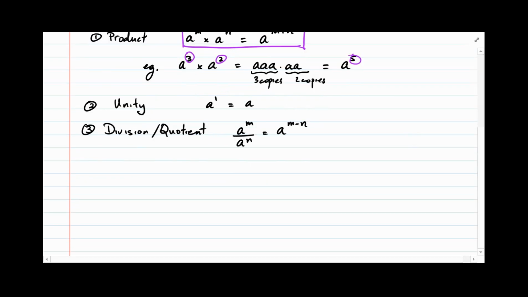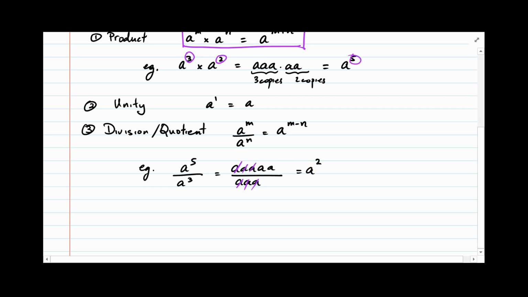Again, recall by example. Sometimes if you forget these rules, you can look back at the pattern from a simple example. If I went back to first principles, the numerator a to the 5th is 5 copies of a. The denominator is 3 copies. Using fraction reduction, I would cancel these, and my final answer is a to the 2nd.